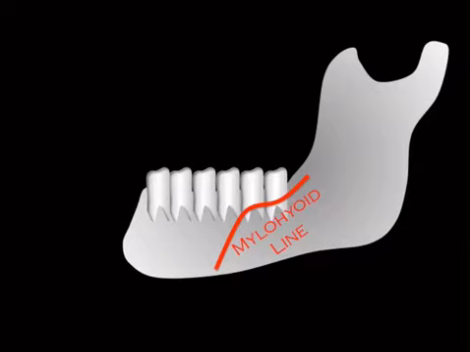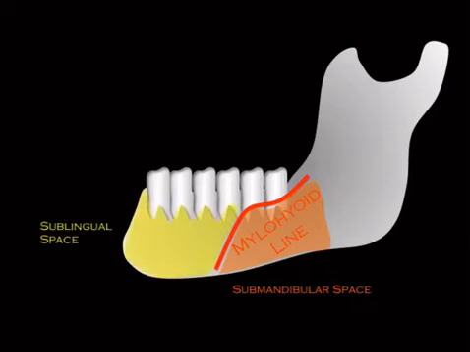So basically, if you have your infection below the second or third molar, you're going to end up with your infection draining into the submandibular space. And if you have an infection that is in front of that, then it's going to drain into the sublingual space. So that's testable.